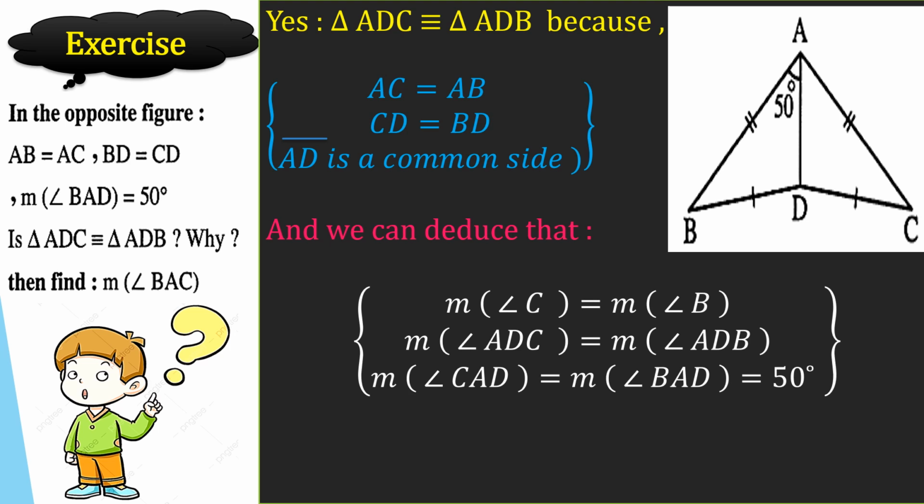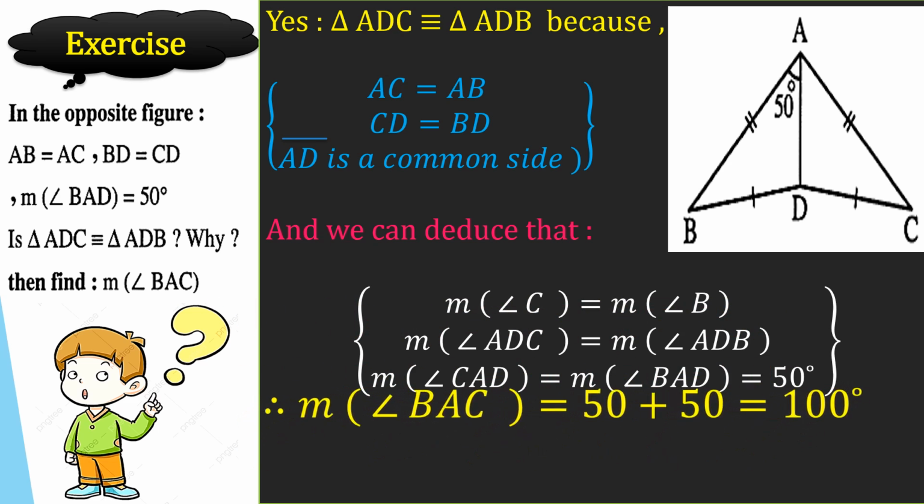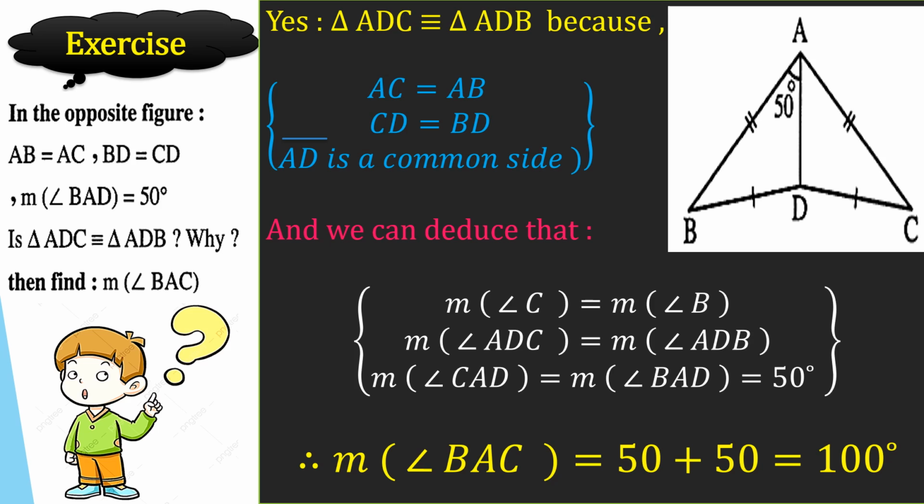We can deduce that measure of angle C equals measure of angle B, measure of angle ADC equals measure of angle ADB, and measure of angle CAD equals measure of angle BAD equals 50 degrees. Then measure of angle BAC equals 50 degrees plus 50 degrees, equals 100 degrees.